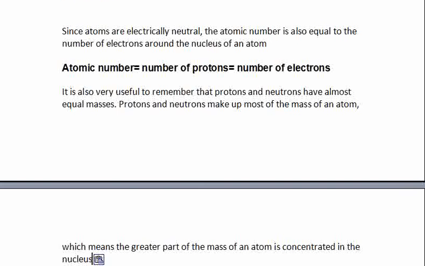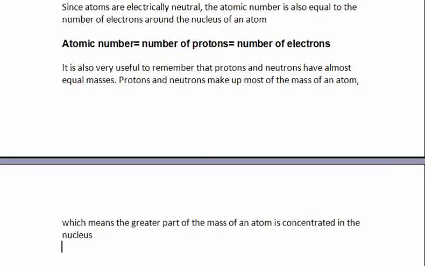It is very useful to remember that protons and neutrons have almost equal masses. Protons and neutrons make up most of the mass of an atom, which means the greater part of the mass of an atom is concentrated in the nucleus.